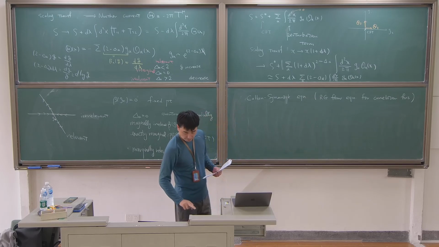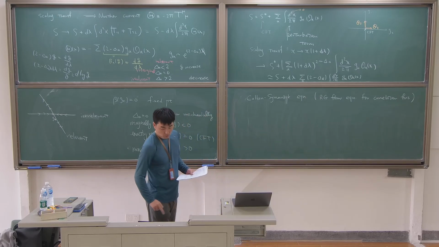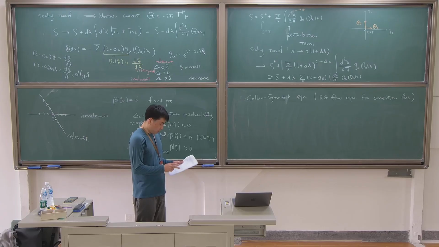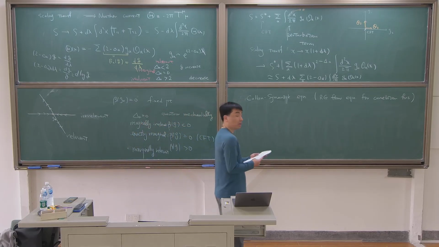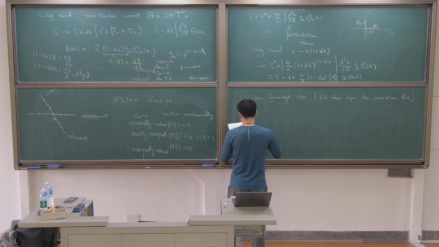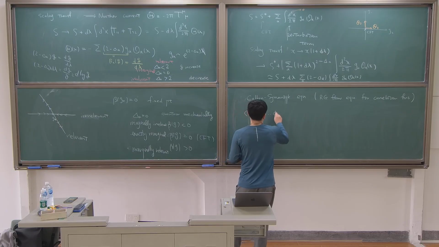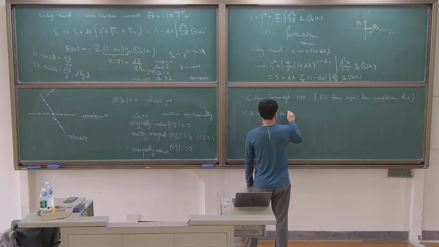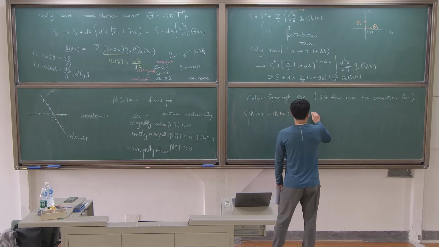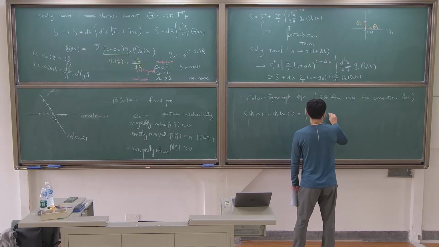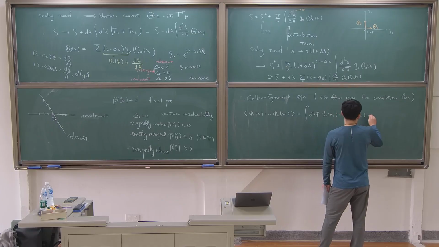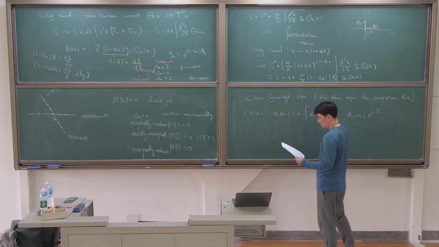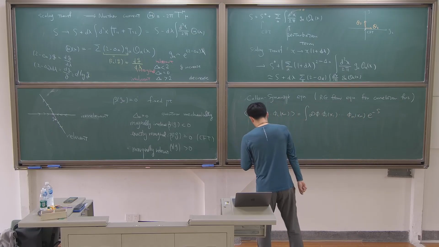Okay, so that's what we're going to learn. The correlation function, as I mentioned, is phi 1(x) through phi n(x), and can be understood this way.